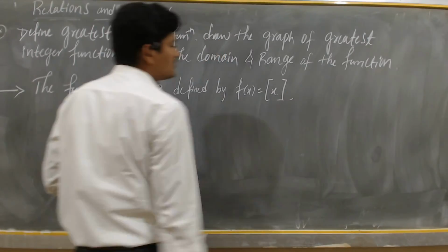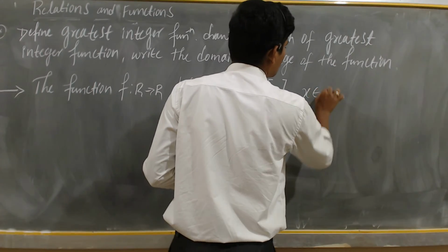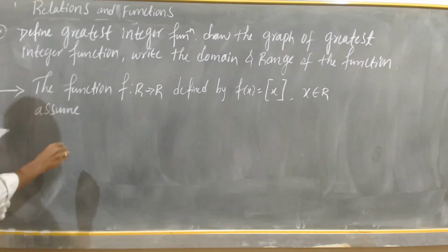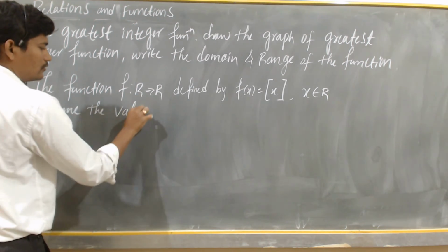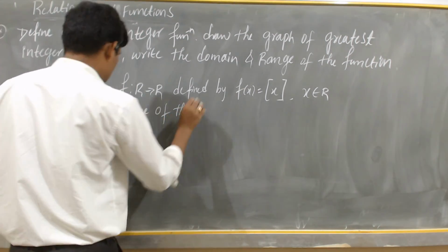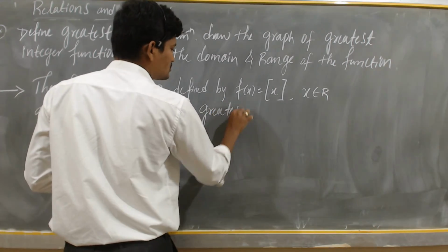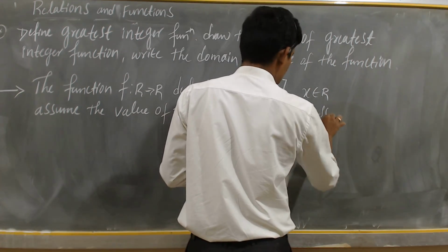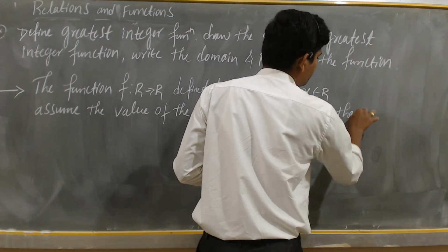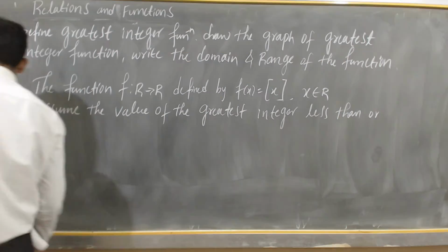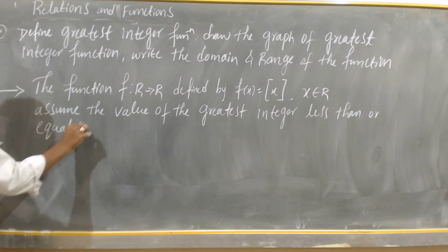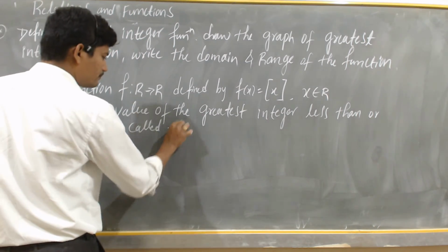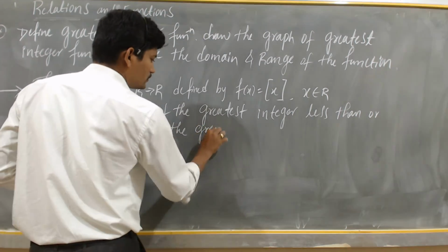We call this one the step of x, where x belongs to capital R. Assume the value of the greatest integer less than or equal to x is called the greatest integer function.